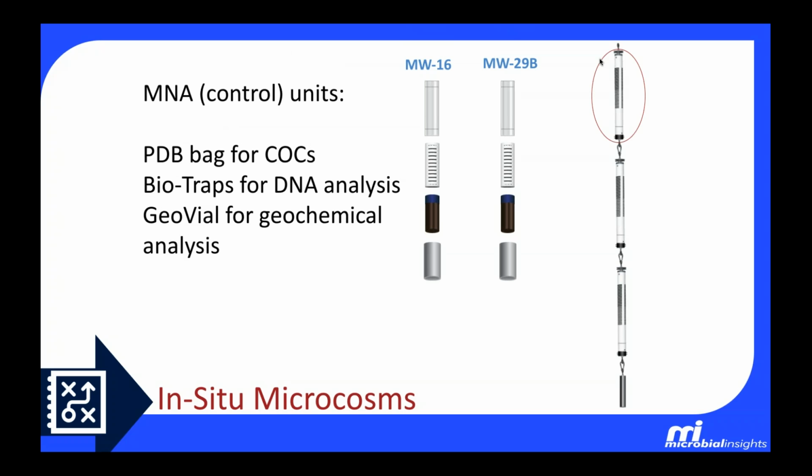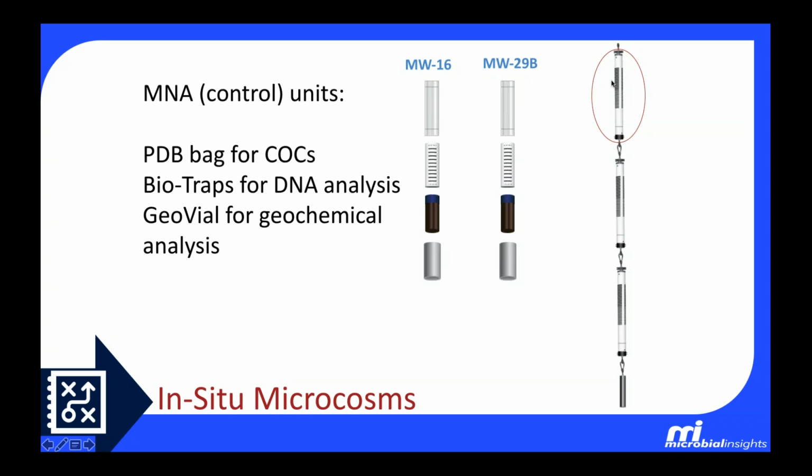In this situation, there were 3 units deployed, connected, in each of 2 monitoring wells, MW16 and 29B, and the top unit we used as a control unit. So we're trying to replicate natural conditions, not putting any amendments or cultures into this unit, so we can look at what the natural site conditions would be.